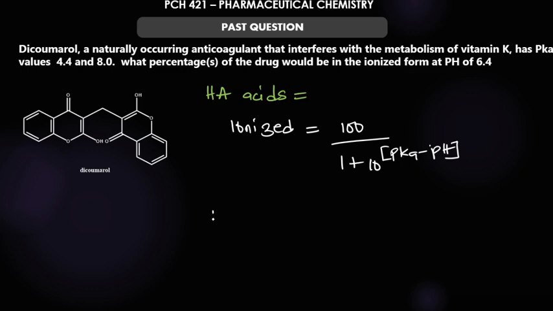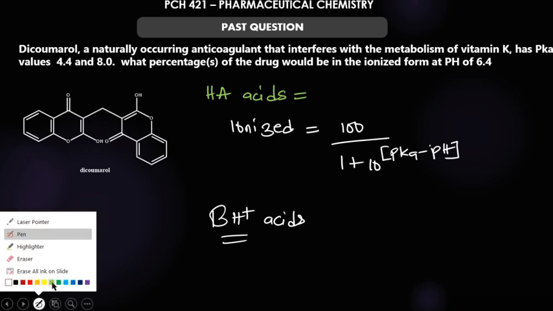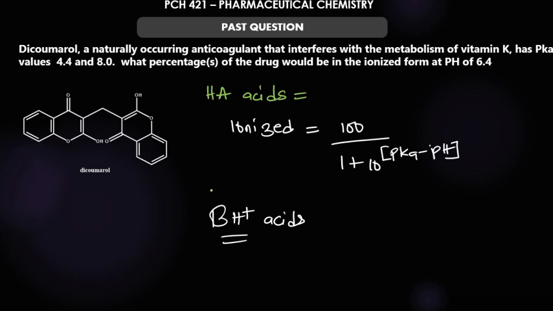Now we also have BH plus acids. These BH plus acids are also the base, like the conjugate base of the acid. Are you getting it? BH plus, that is the base.